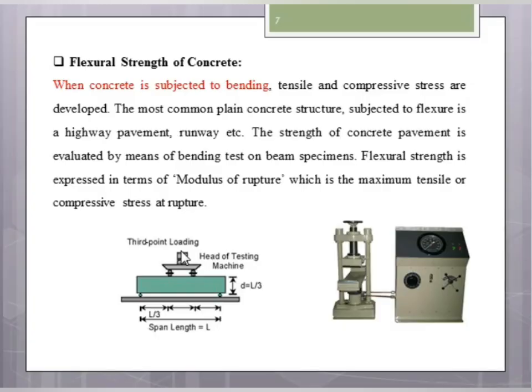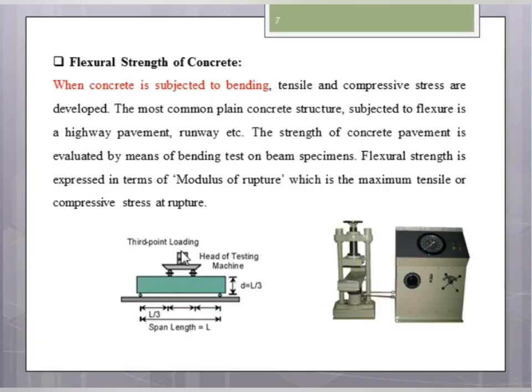As per your mix design of concrete, you have to prepare fresh concrete, place it into such a mold, 100 by 100 by 500 mold, and leave it for 24 hours. After 24 hours, you have to remove that mold, and place the prepared concrete beam for water curing for 28 days.